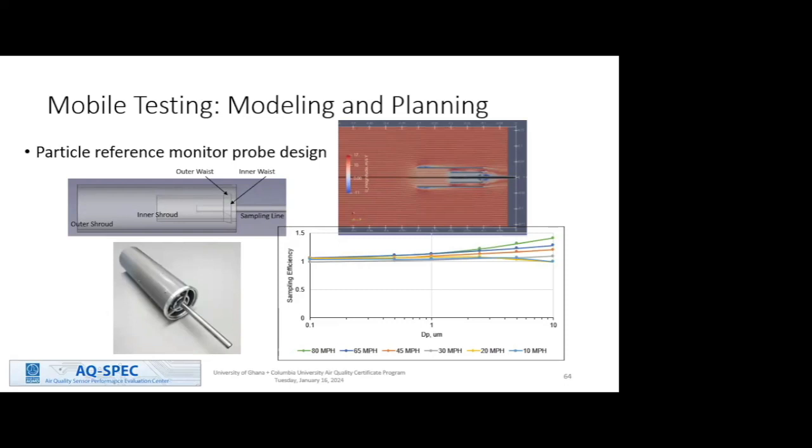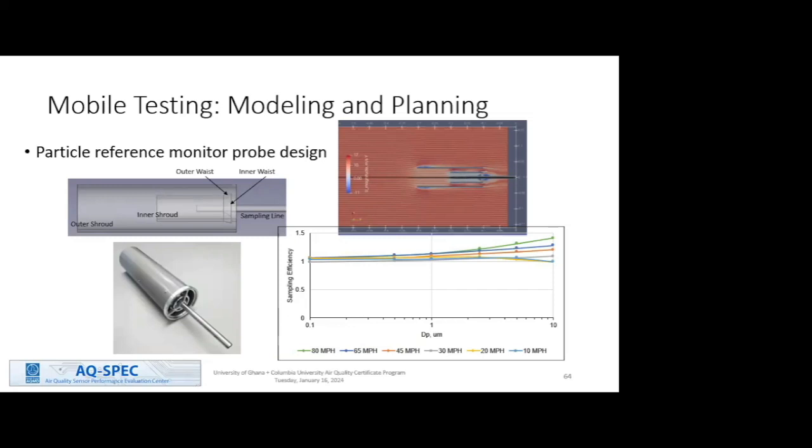So here's an example. This is my design of a double shrouded probe. Let me give some background. For sampling of particles in a moving airstream, I think the most popular technique is to use an isokinetic probe, which is a sampling tube that has a small diameter inlet, and the velocity at the inlet of that probe is supposed to be matched to the free stream velocity.